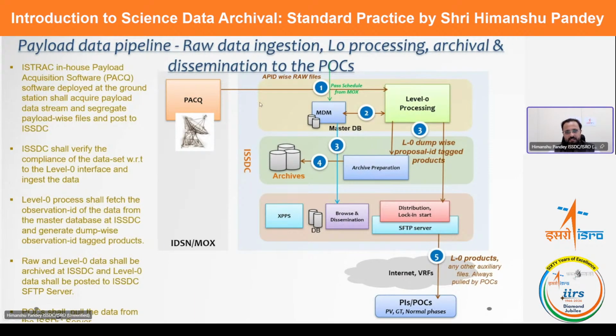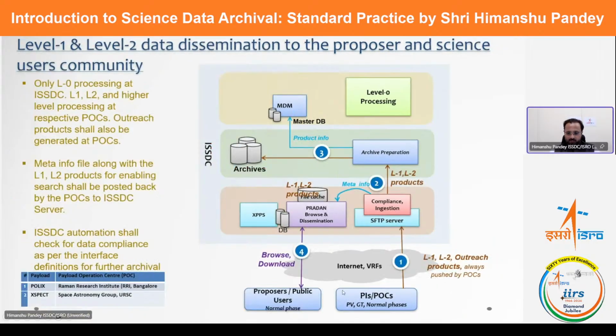So if you say this is the thing, and data will come here, based on this, MDM has the knowledge of proposals. So your processing will happen. The proposal ID will be tagged here, and then it will be archived. Based on the locking period, it will also be given to the PA users for internal verification updates, and then they will be sending back the data here.